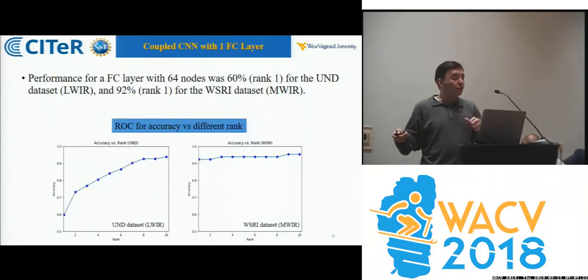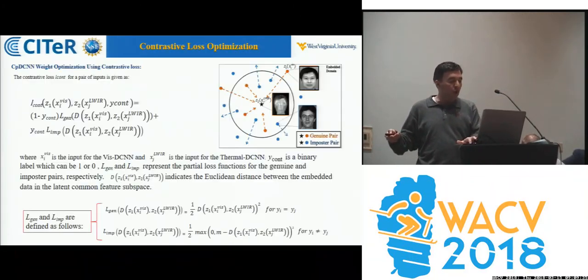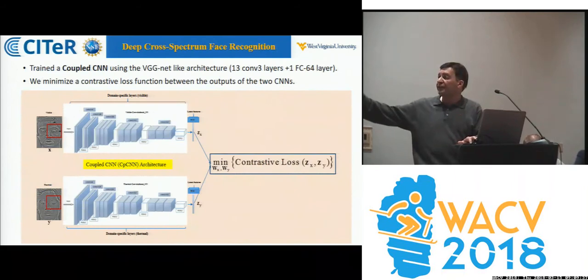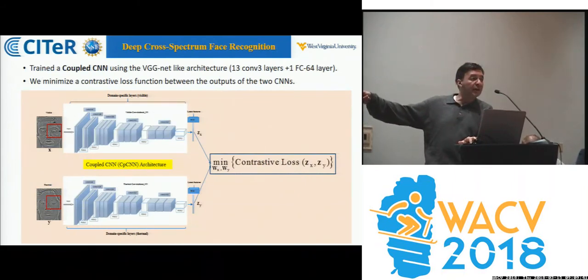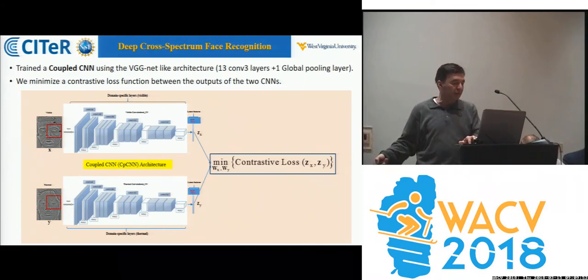If you look at the result for the fully connected layer, that means I only have one fully connected layer here, and then we compare ZX and ZY for your test data. For the test data, you put a thermal image here and you get a ZY. For the gallery images, you only have all their ZX, and you just compare Euclidean distance.